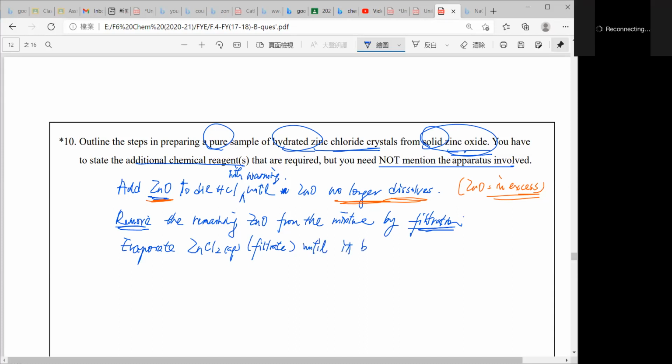Saturated. Yep, it becomes saturated. What's next? Cool down the solution slowly.